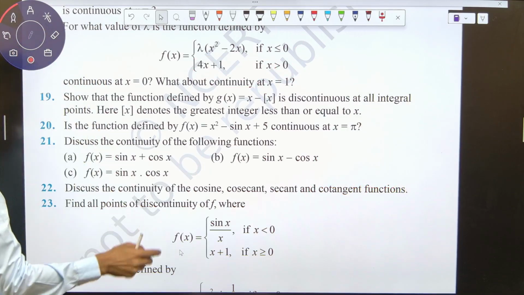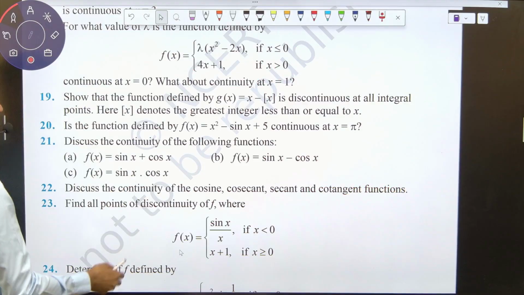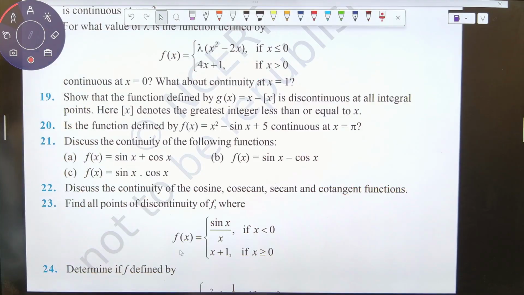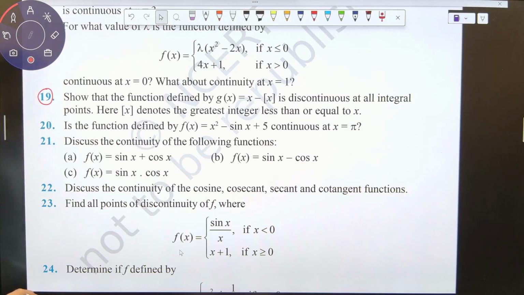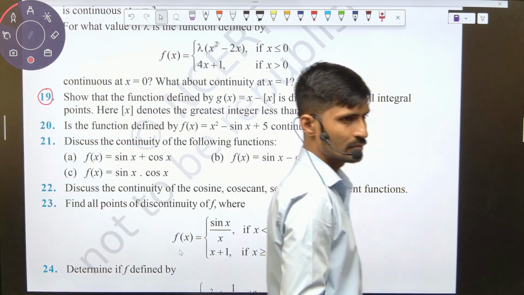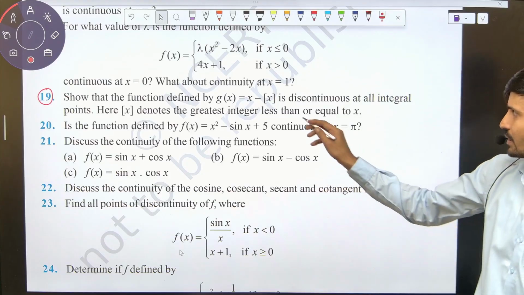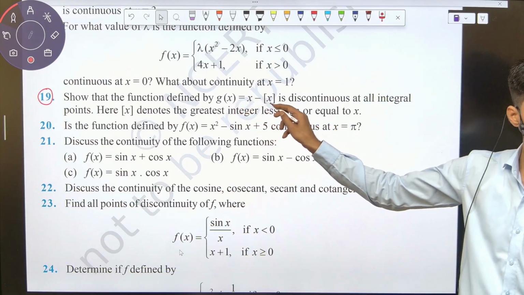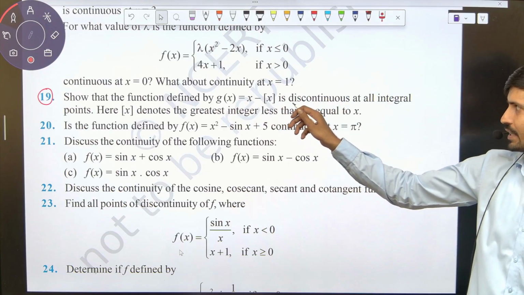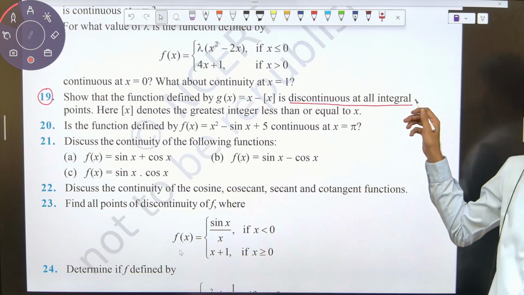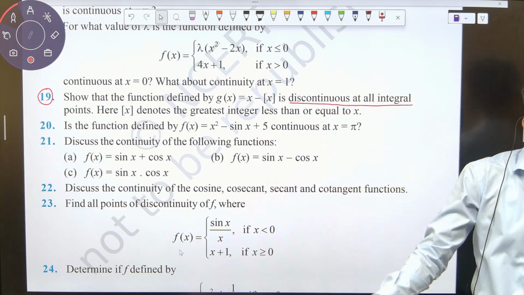Okay, next we are going to talk about question number 90. The question is: g(x) is this function and we have to prove it is discontinuous at all integers.